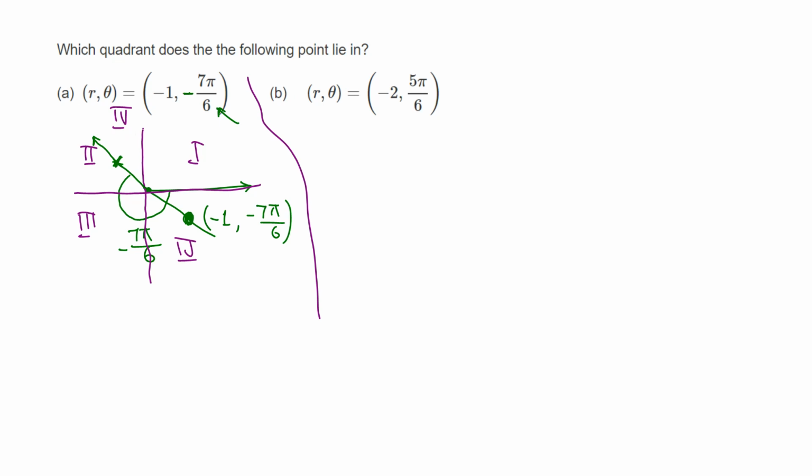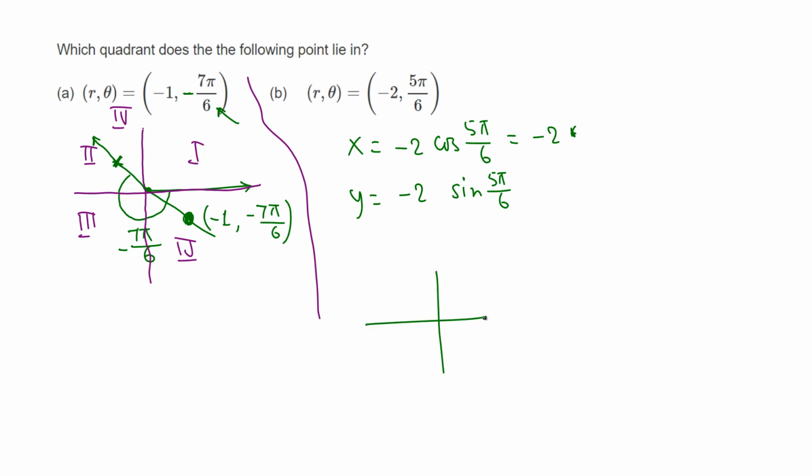Let's try this. The first method is to find the corresponding x and y. So x is r cosine theta, and y is r sine theta, with 5 pi over 6 and negative 2 times cosine 5 pi over 6. We don't have to know the exact value, but this is like pi over 6 here, and 5 pi over 6 is in the second quadrant.